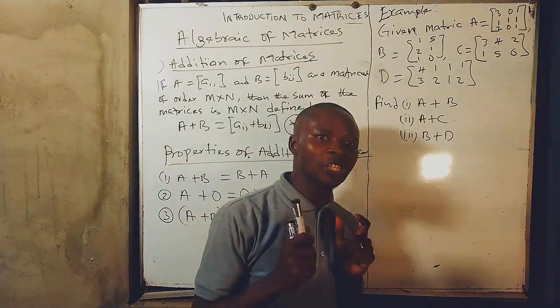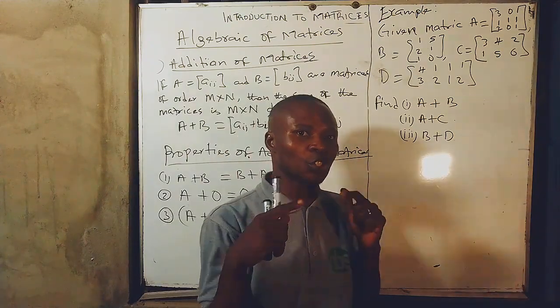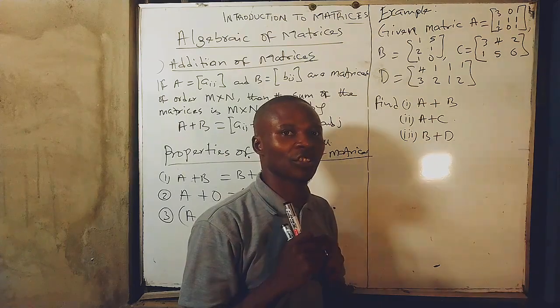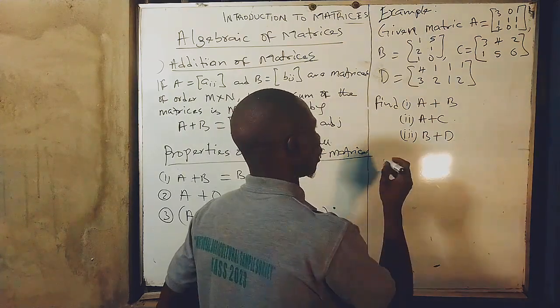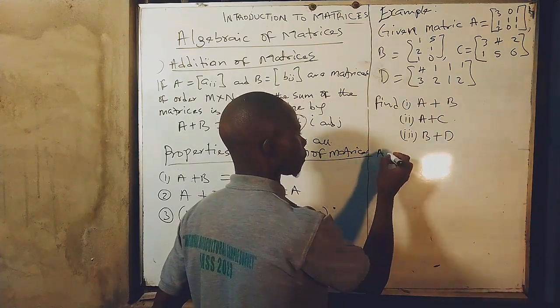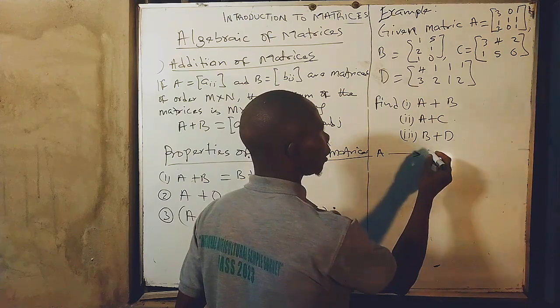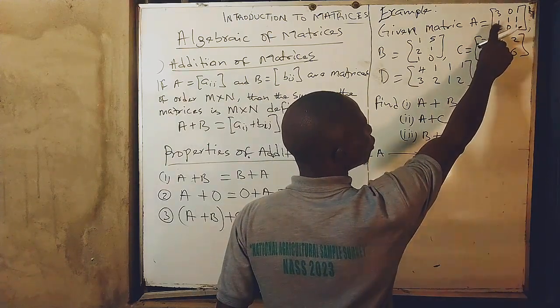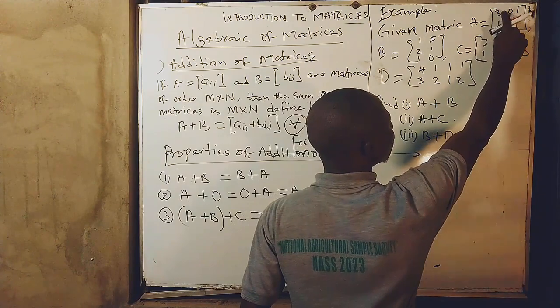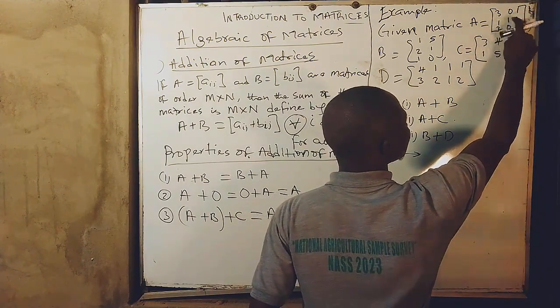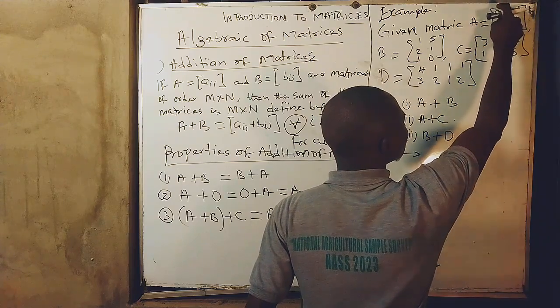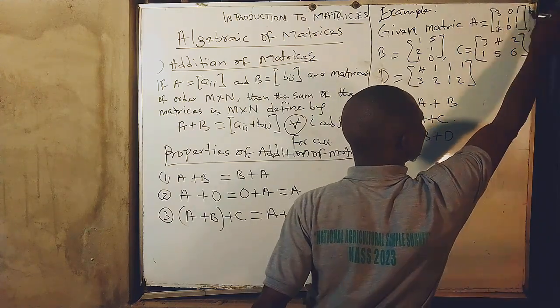Before you begin the addition, the first thing that you need to do is to check the order of the matrix. Now, we'll check for A. The order of A is 3 rows and 3 columns. This is a 3 by 3 matrix.